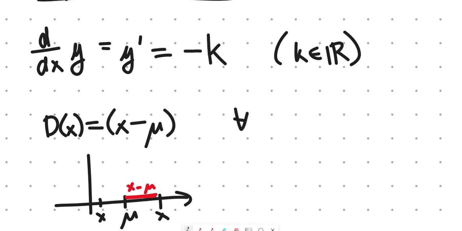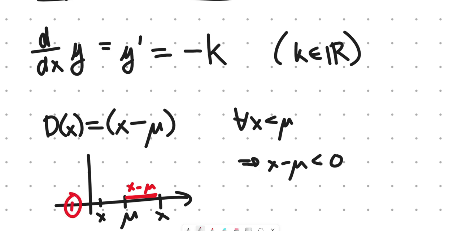So for all x smaller than mu, x minus mu is going to be smaller than 0, since it's going to be negative, and we don't want negative numbers. So the way to do this, we're going to take the absolute value. We're going to put the absolute value on both sides, so |x minus mu|, since we want the same distance if we go left and if we go right.